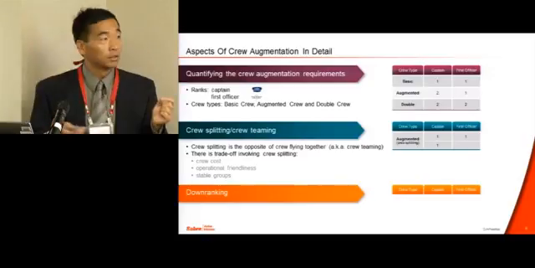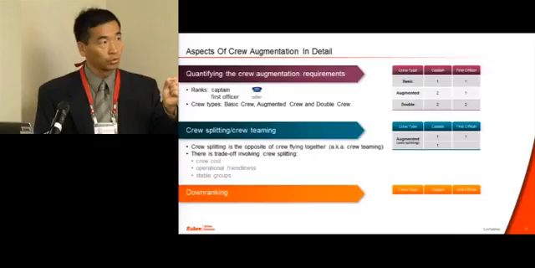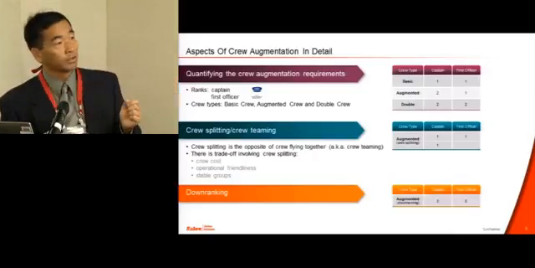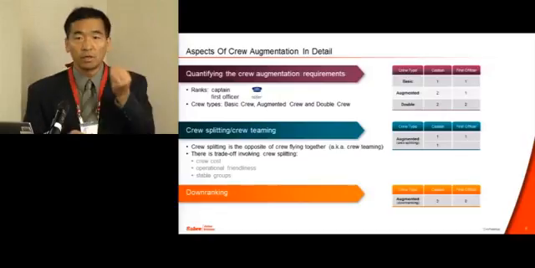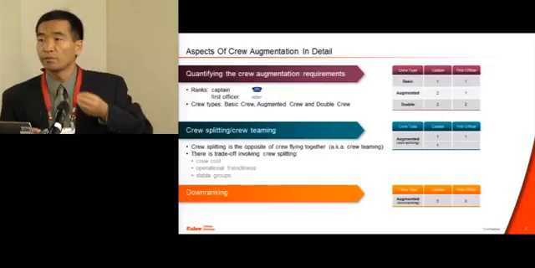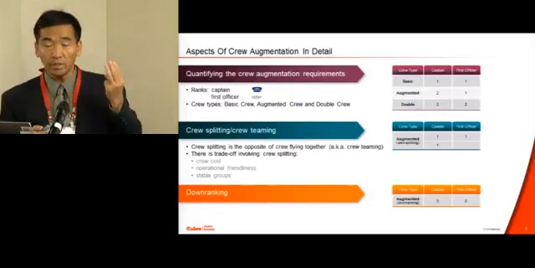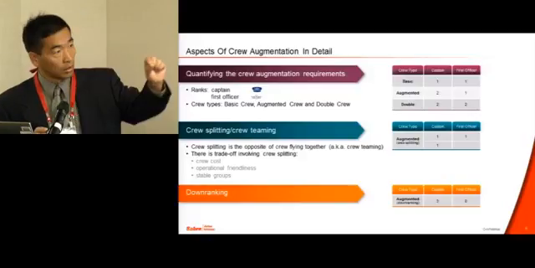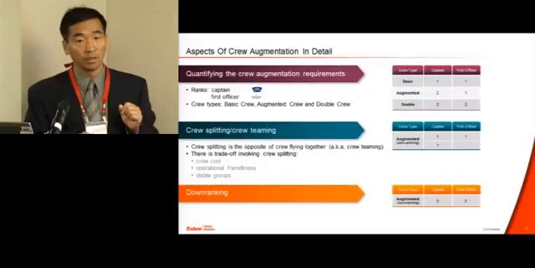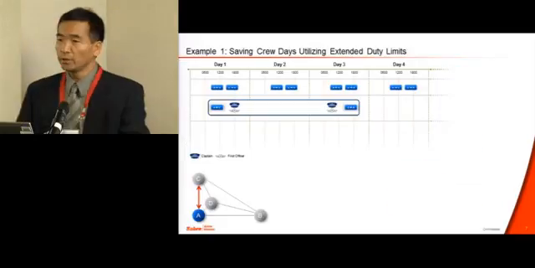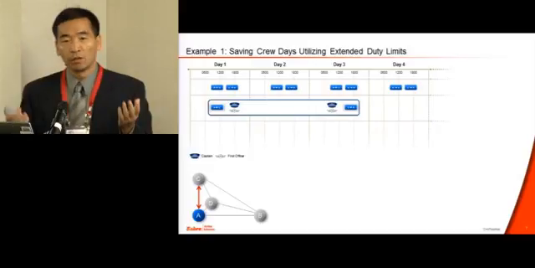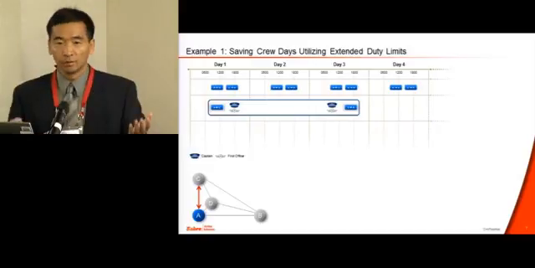The third aspect of crew augmentation is downranking. An example of downranking: let's say a flight requires an augmented crew. You can satisfy that requirement by supplying three captains, where one of the captains downranks to perform the first officer's work. That's what we call downranking. It is counterintuitive. We're talking about minimizing cost, so why would adding more crew reduce your cost?